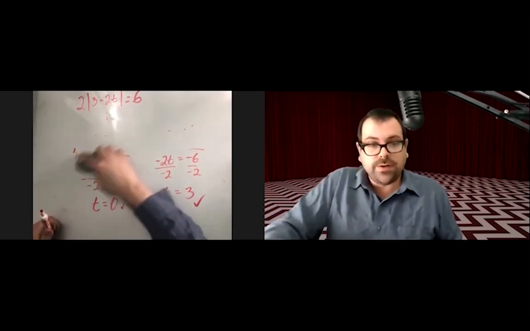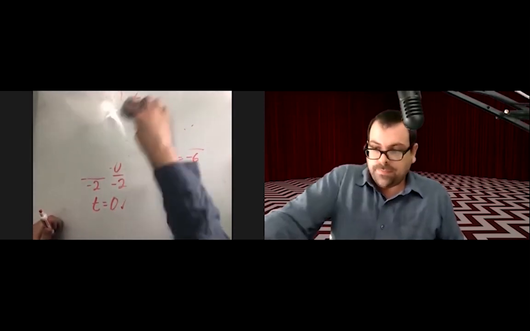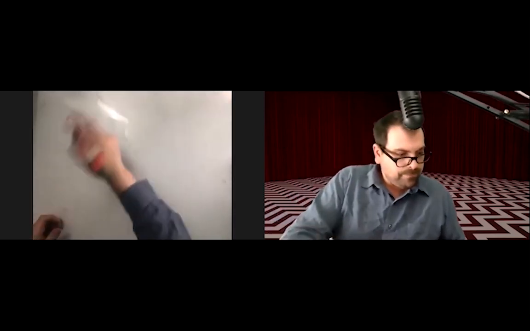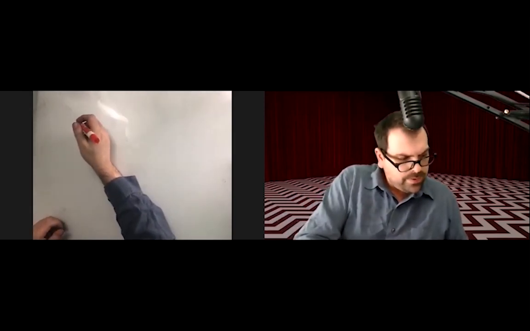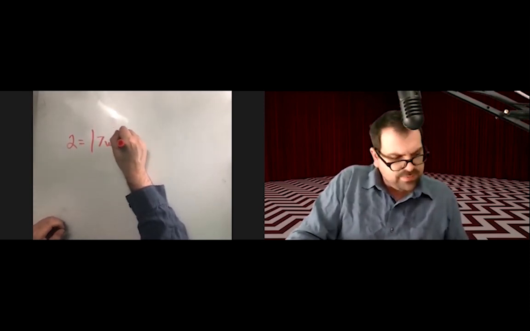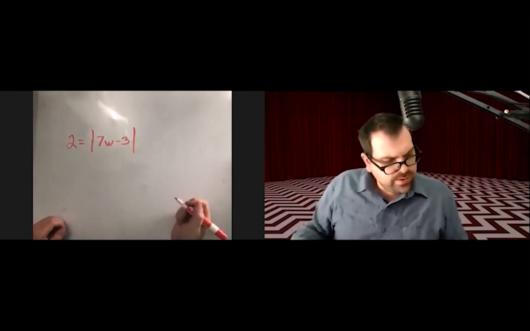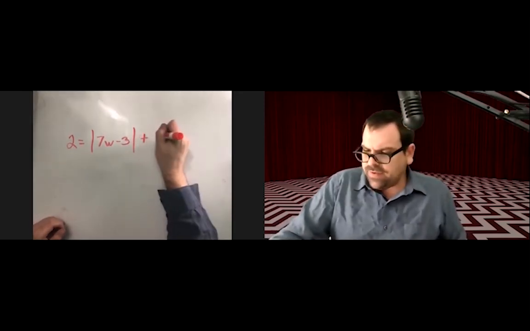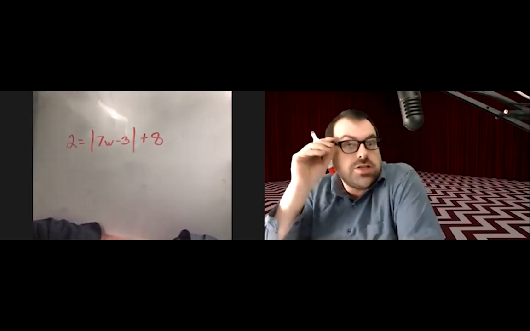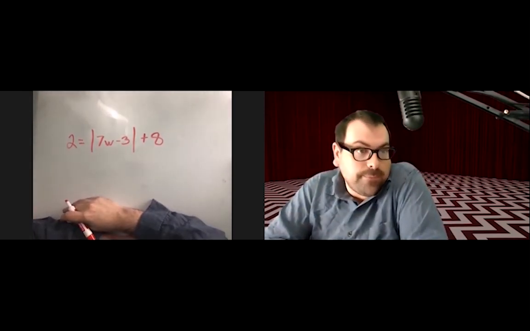Let's look at another. Two equals the absolute value of 7w minus 3 outside the absolute value plus 8. Hey, watch out for things that are trying to trip you up.